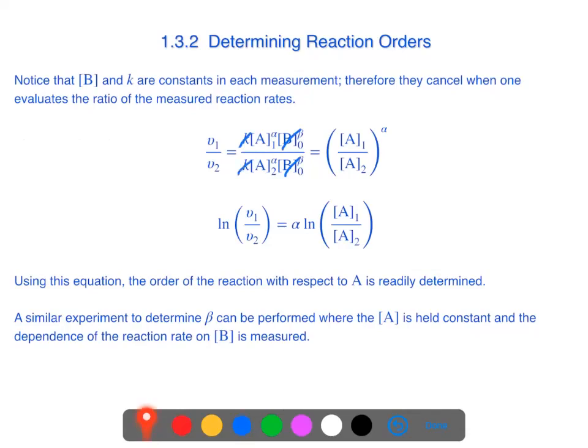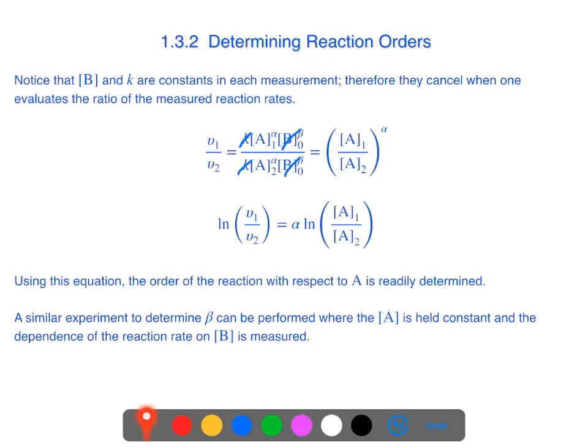So what you're left with is a ratio of the concentrations of A to the exponent alpha. And if we take the natural logarithm of both sides of our expression, we can then solve for alpha explicitly. So using this equation, the order of the reaction with respect to A is readily determined.